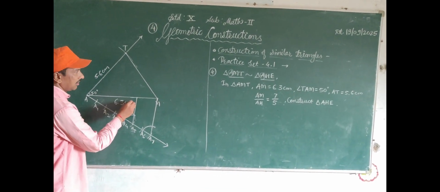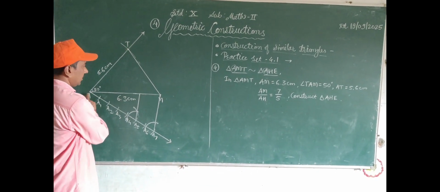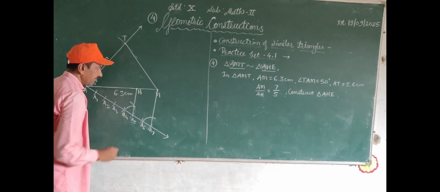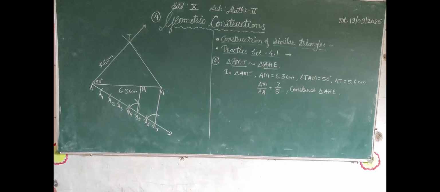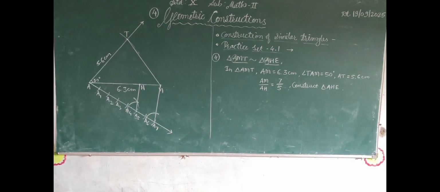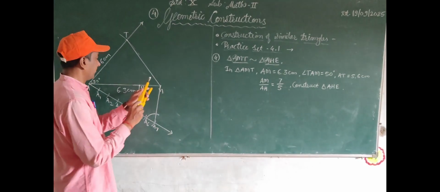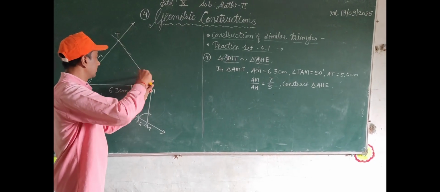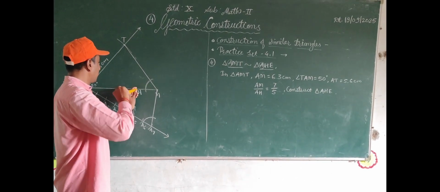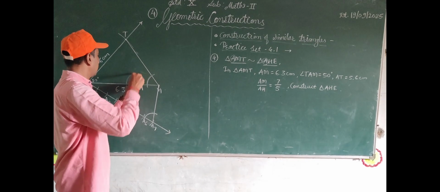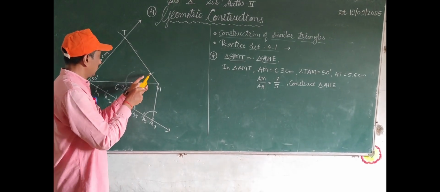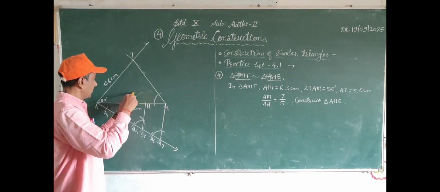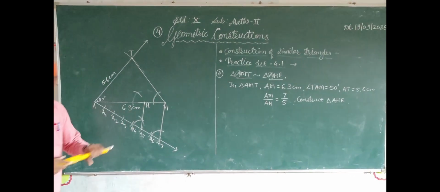This is our new point, that is, on AM, this is H. Similarly, we can draw a second congruent angle to angle M. Take a small distance from point M and H. Take this distance and draw the second arc. The second arc will intersect the first arc.